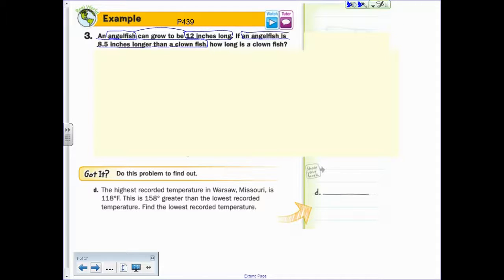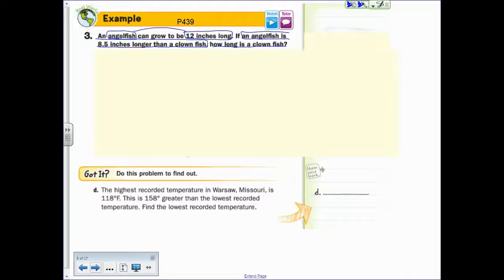So now we know that angelfish are two things. They're up to 12 inches long and they're 8.5 inches longer than a clownfish. We want to know, how long is a clownfish? Well, when you read a word problem involving algebra, the thing that you're looking for is going to be what you use a variable for.